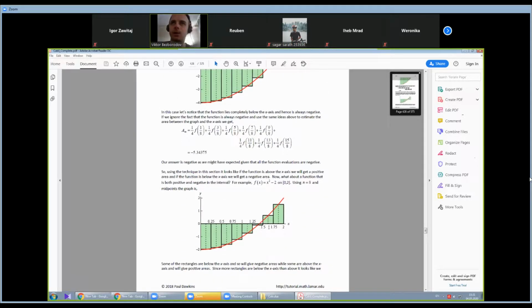For example, in this example, here is the x-axis, and the area above it is here, and the area below is here. So you can see that the area below is larger. So the integral should be negative in this case.